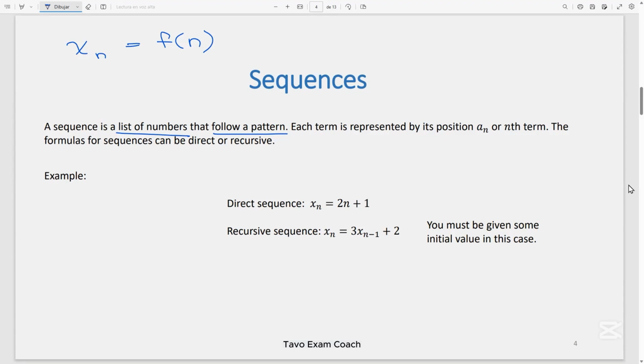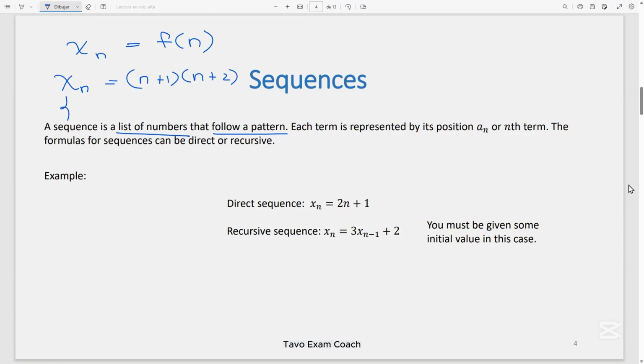Example: if I'm told that we have this sequence where each of the values in their corresponding position n is, for example, n plus 1 times n plus 2. So according to this definition, what would be the first term in this sequence?